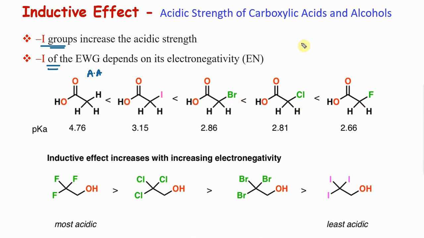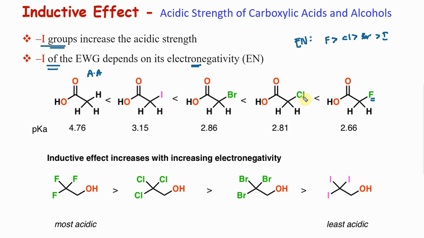Now among the halogens, we know electronegativity is highest for fluorine, then chlorine, bromine and iodine. If I put fluorine, the acidity will be the highest. So the minus I effect of the electron withdrawing group depends on the electronegativity of the group. If electronegativity is higher, minus I is higher.